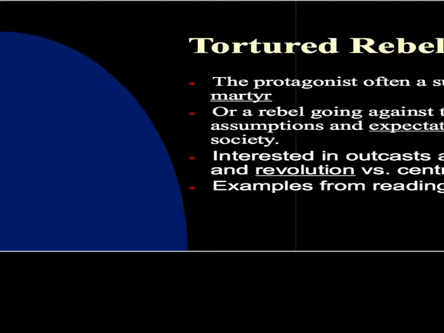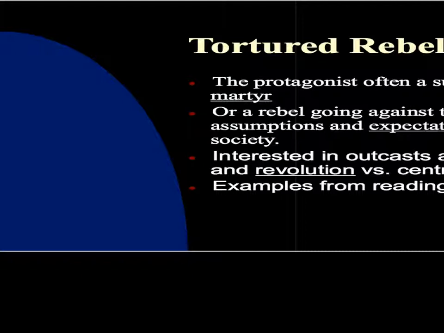Tortured Rebel is the protagonist of the Romantic novel, or Romantic stories. They're often a martyr. He's a rebel who's going against the expectations of society and therefore suffers for it. They were interested in outcasts and rebels and revolution versus central authority.